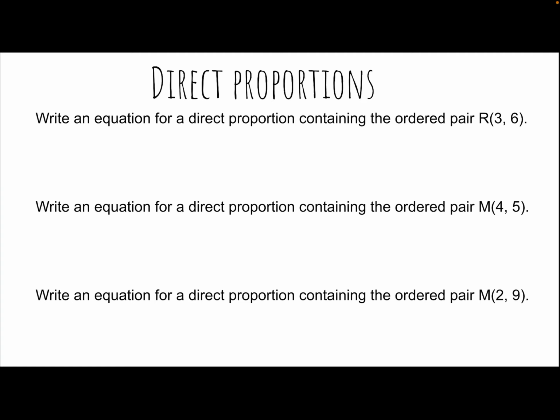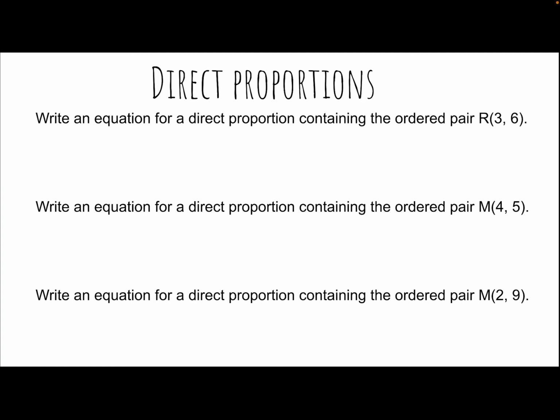The next one, write an equation for a direct proportion containing the ordered pair of m is 4, 5. Pause the video and try the next two, then come back to continue to check your answer with mine.